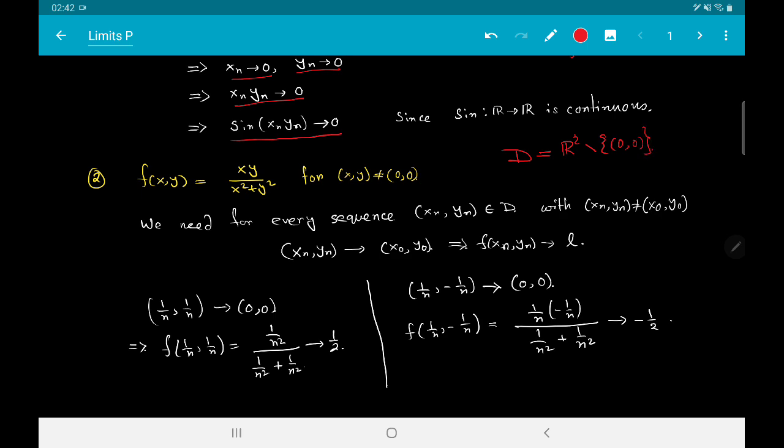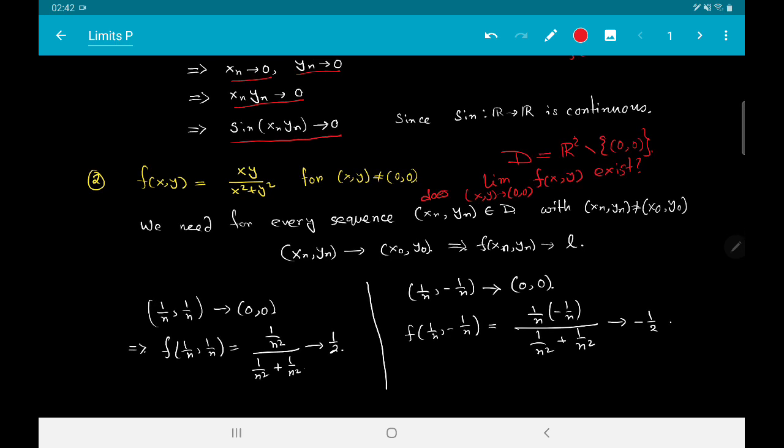My question is, does the limit as (x, y) goes to (0, 0) of f(x, y) exist? Does this limit exist like in the previous example? Well, let us see.